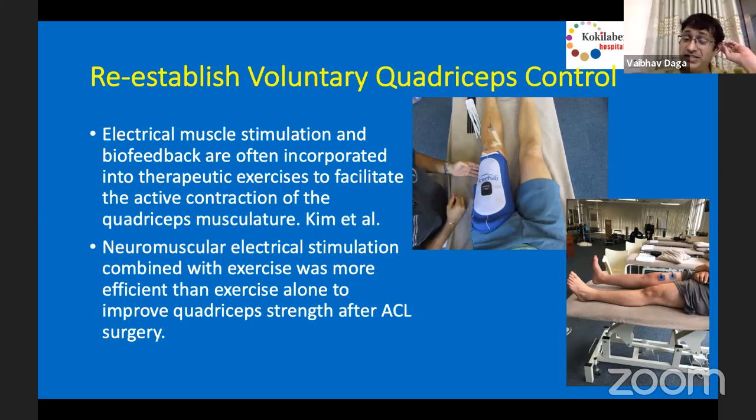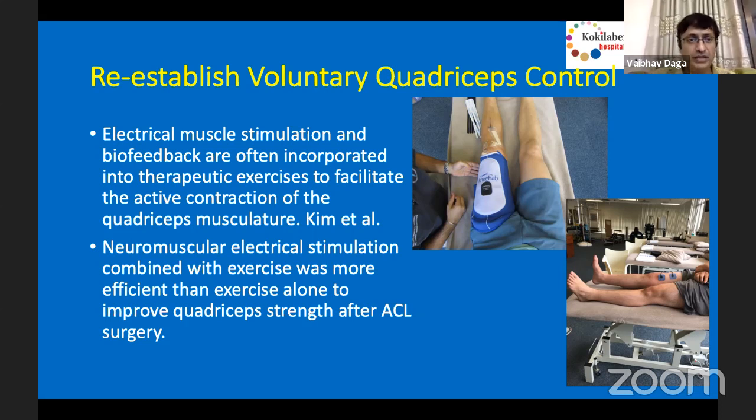The limited evidence from the literature has shown that if the open chain exercise is done in the range of 0 to 90 degrees, or actually somewhere between 10 to 70 degrees, where there is no full extension and no full flexion beyond 90 degrees, it would be beneficial and it is not dangerous. Even if you do it in 0 to 90 degrees, it is not dangerous. That is what the literature has shown.